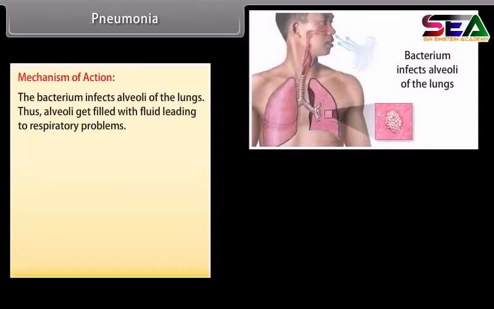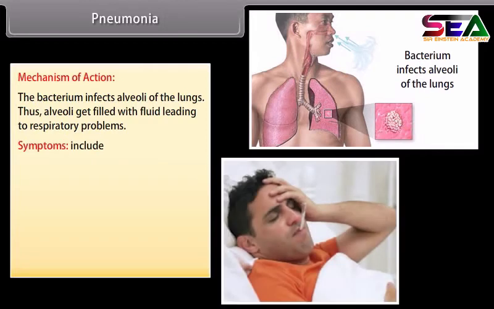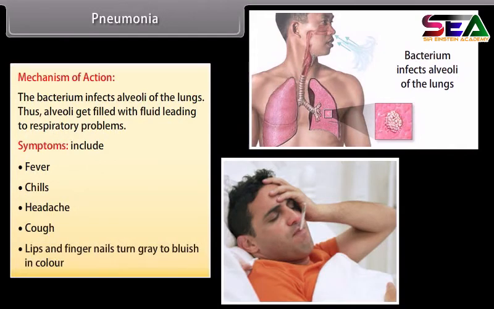Mechanism of action. The bacterium infects alveoli of the lungs. Thus, alveoli get filled with fluid leading to respiratory problems. Symptoms include fever, chills, headache, cough. Lips and fingernails turn grey to bluish in color.